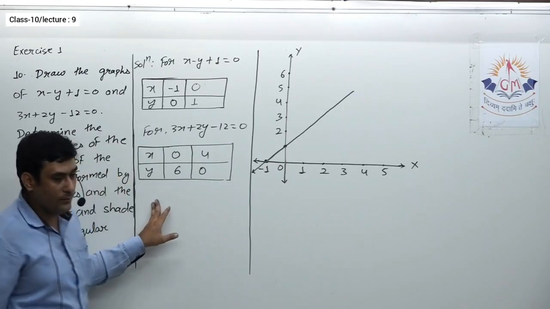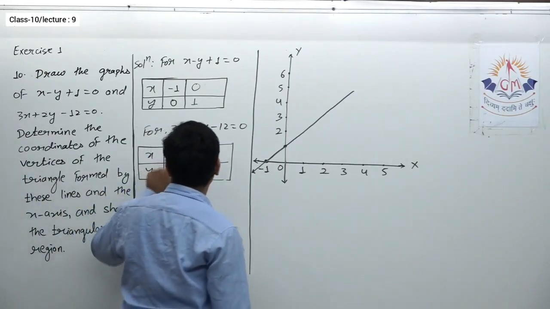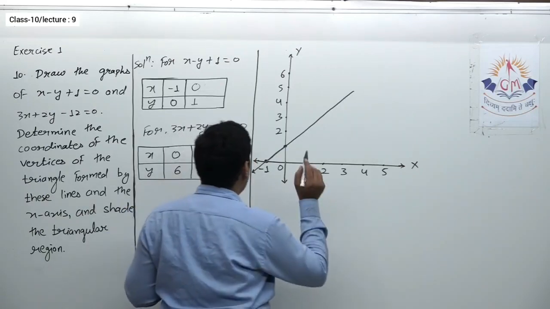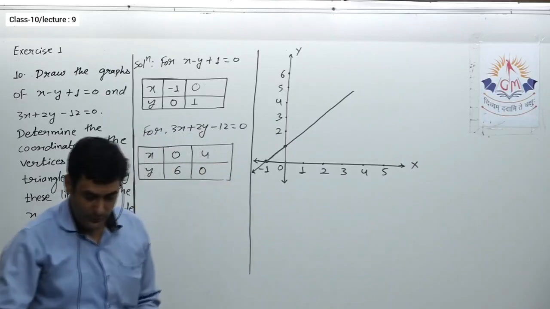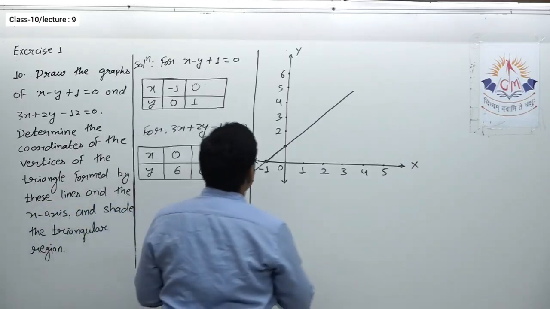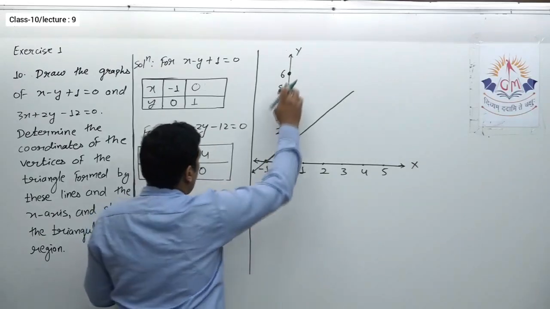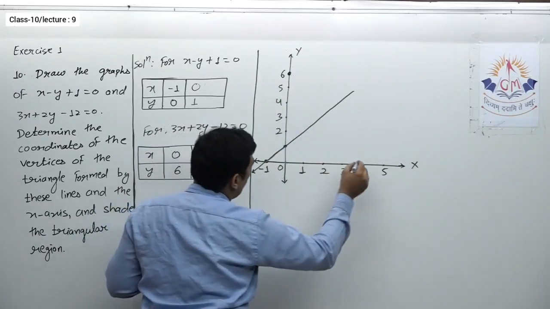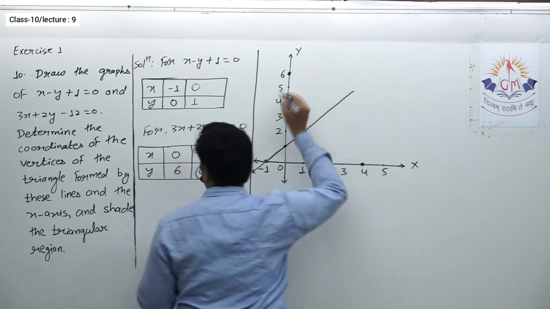Now in a similar way I have to draw the graph for the second equation. x 0, y 6 will be the first point. Let me take another color. x 0, y 6, and x 4, y 0 is the second one.